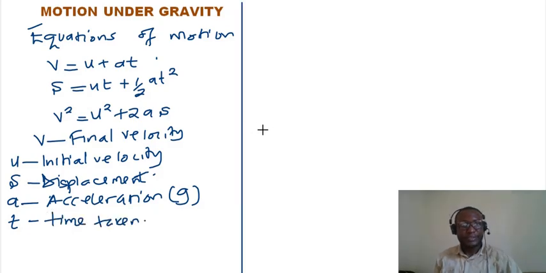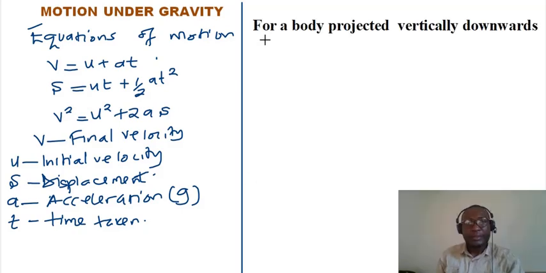Alright, now we said we are going to consider 2 cases: when the body has been vertically projected upwards and when the body has been vertically projected downwards. Now, for a body projected vertically downwards, the value of the acceleration A is going to be positive G. We say that here acceleration will be G. So here the value of the acceleration will be positive G because it is in the direction of the acceleration due to gravity.